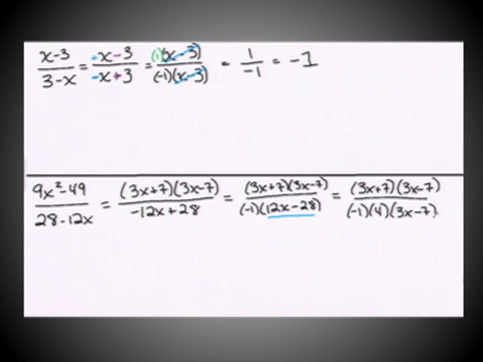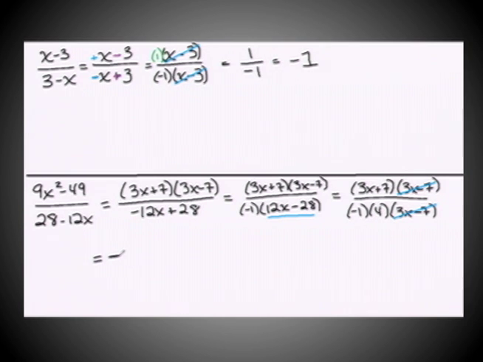Hopefully bells and whistles are going off in your head. I've got common factors of 3x minus 7 that I can divide out, because anything divided by itself is just 1. And now pay close attention to how you write this final simplified form of this rational expression. It's bad form to leave that bottom as a negative, so it's more preferable to bring that negative 1 out front, because you see we have 3x plus 7 divided by basically negative 4.